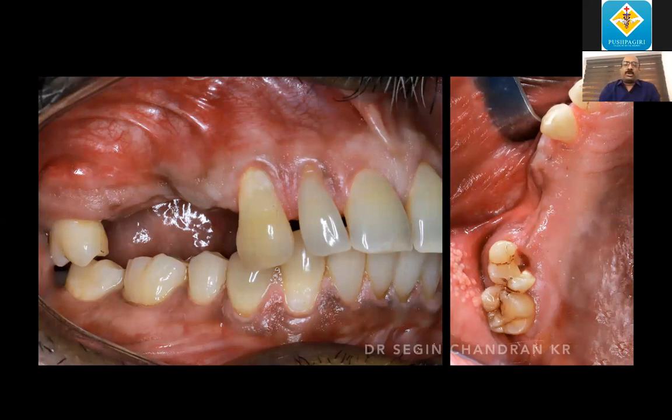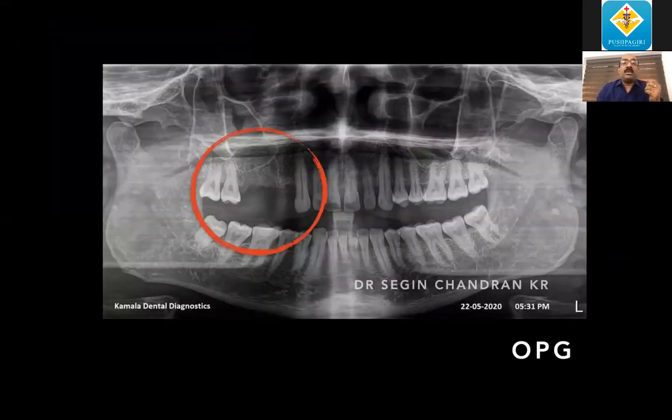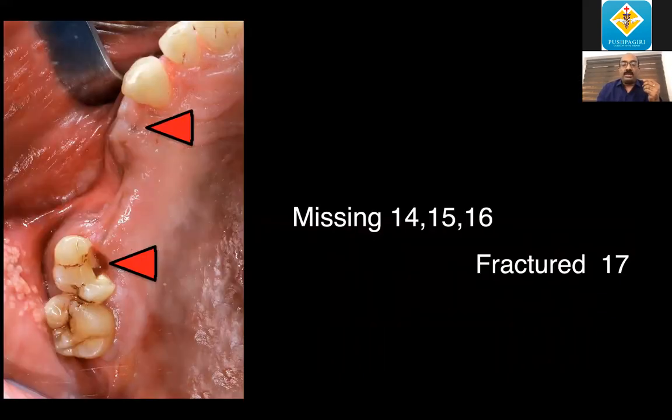This is the case that I showed you in the beginning where the patient would have landed up in a long span bridge. But extracting that tooth, that number 1-7, that second molar, which has a vertical fracture and a very bad prognosis with the root canal treatment and the crowns, we decided to extract it. And again, to go with one more implant in the edentulous area of 1-4.